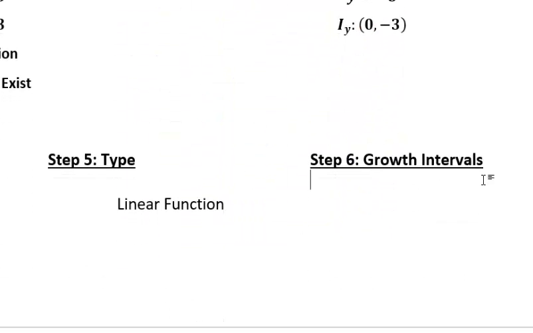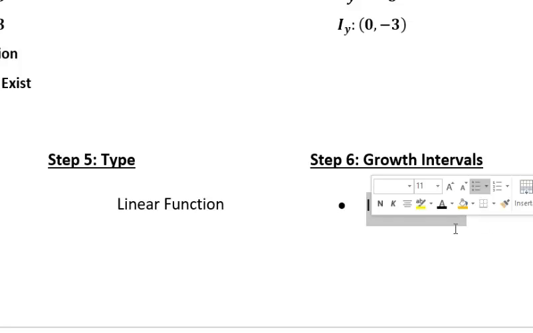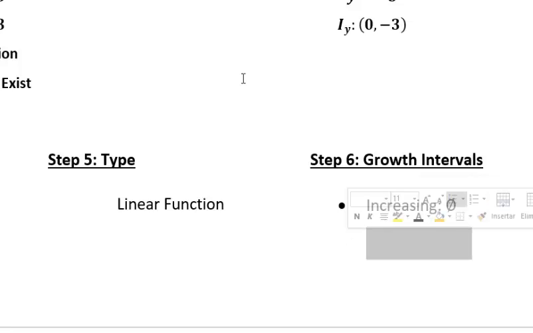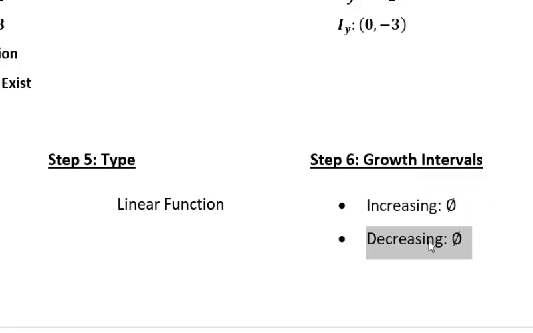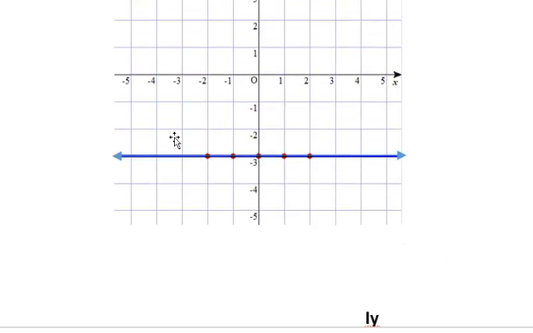So if we talk about increasing intervals, we don't have increasing intervals. That's why the increasing interval is going to be empty. If we talk about decreasing intervals, there are no decreasing intervals. That's why the decreasing interval is also empty, because it's not going up, it's not going down, it stays horizontal.